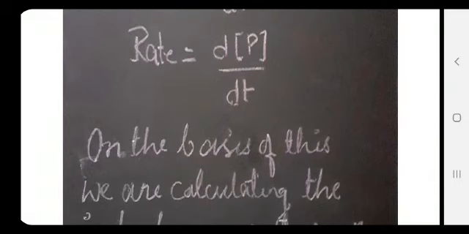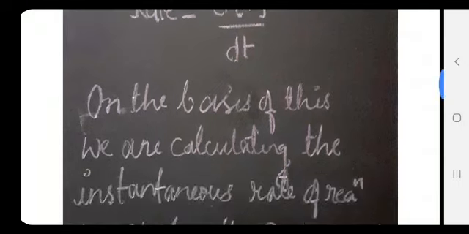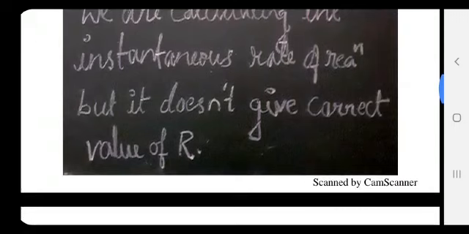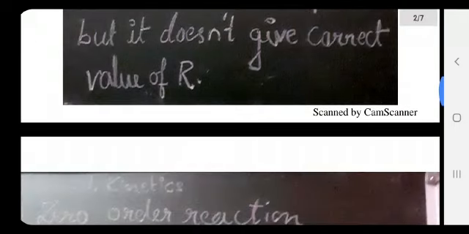In order to avoid this difficulty, we can integrate the differential rate equation to give a relation between directly measured experimental data, that is concentration at different times, and the rate constant. So here we have zero order reaction, first order reaction, and second order reaction.